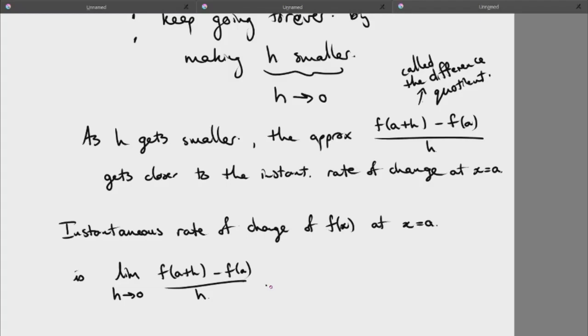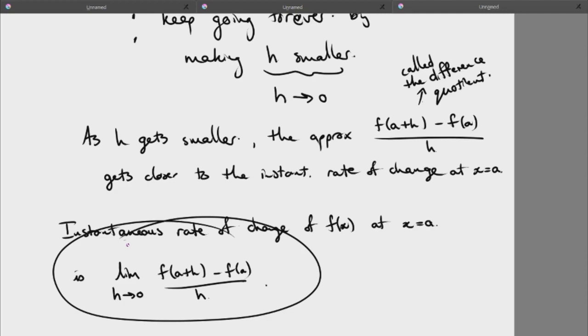So, well, look at that. Limit. And there was a point to doing limits. The limit. Because I am looking at the behavior of that slope of the secant line as the window gets smaller. If that behavior points to a specific number, that is the instantaneous rate of change.